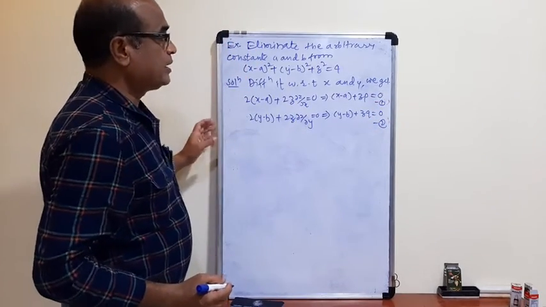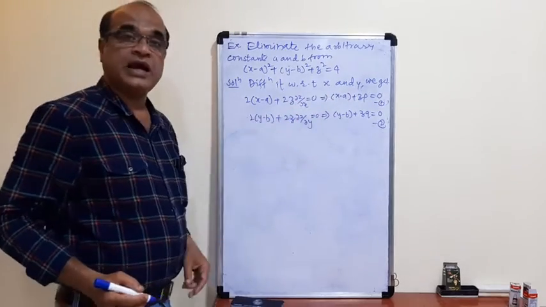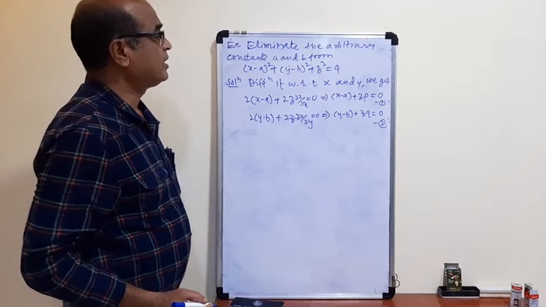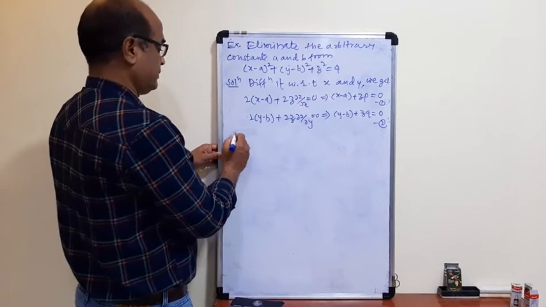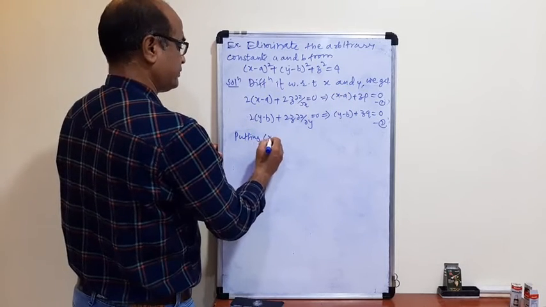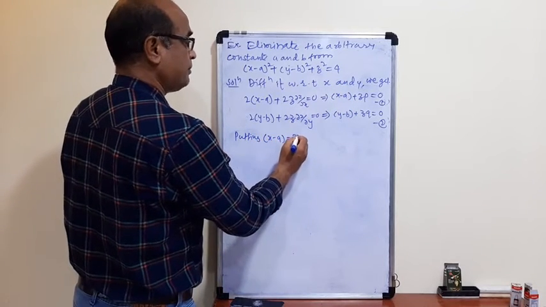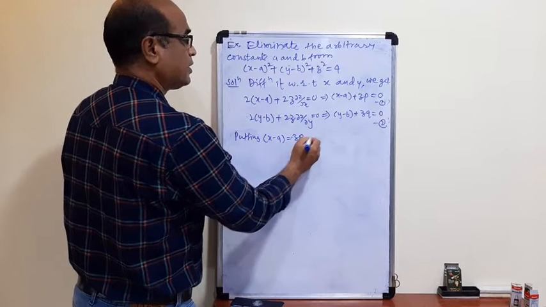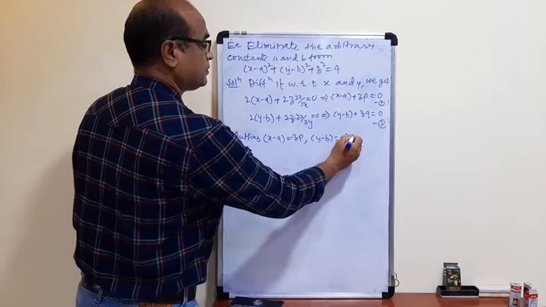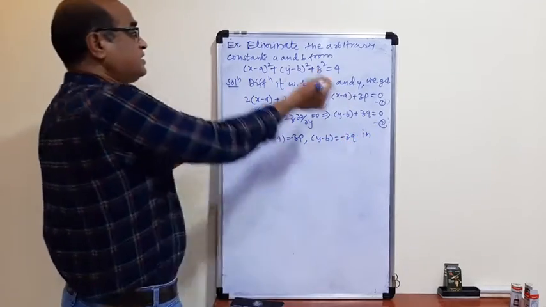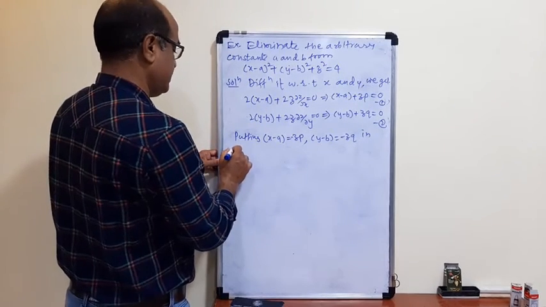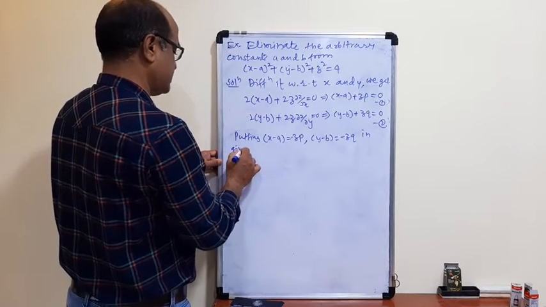So how do we eliminate the arbitrary constants a and b from those equations? Also use this equation. Putting x minus a is equal to minus zp, and y minus b is equal to minus zq in the given equation.